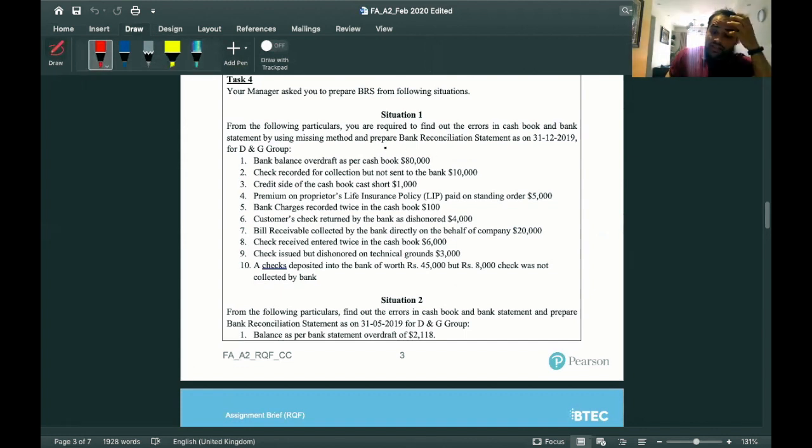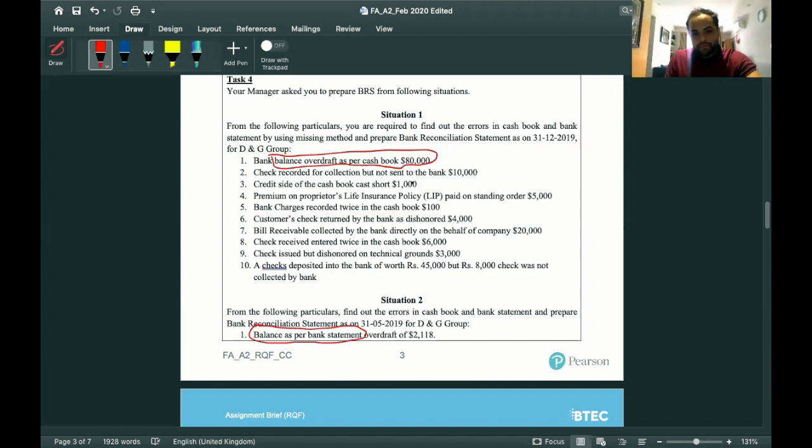The major difference between situation 1 and 2 is that in situation 1 we have the balance as per cash book. In situation 2, we have the balance as per bank statement, which means balance as per passbook.